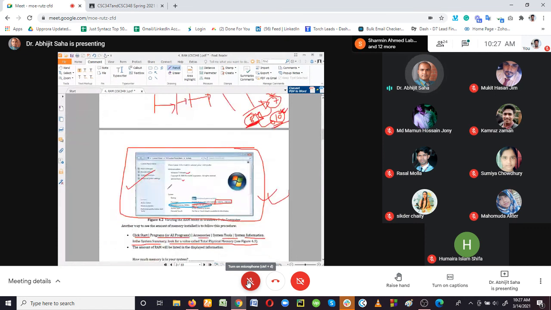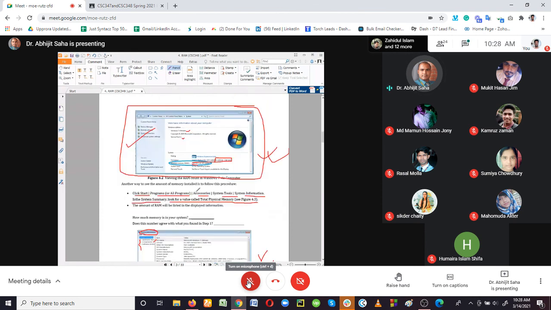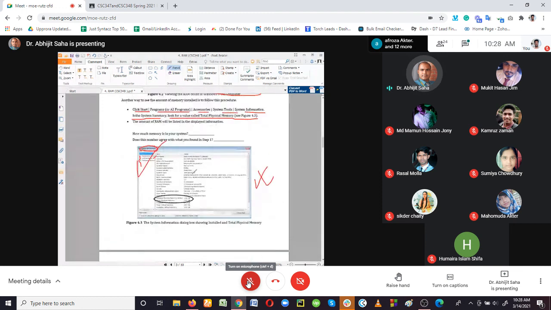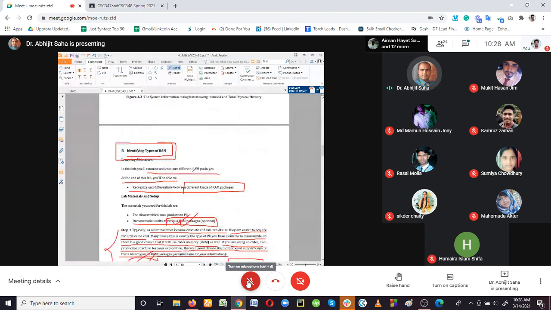You can take pictures, screenshots from your computer, place them, mark them, and tell how much RAM you have. Another one is system information. You can go to the properties of your computer, and from there also you can take pictures and give the information.